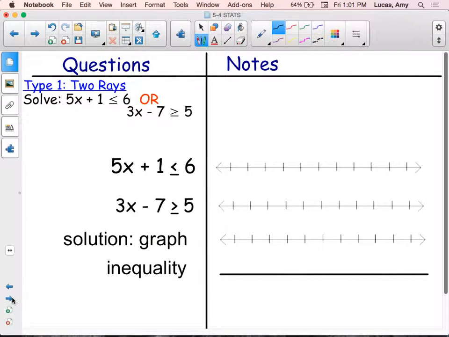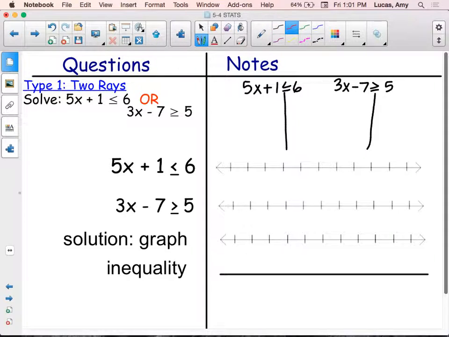Okay, so now we're going to solve, and we're going to unite together our rays here. So union of the rays. We have two inequalities to solve and graph, and then we're going to put them together. I'm going to just solve both of these at the same time because these are pretty basic inequalities for us now.